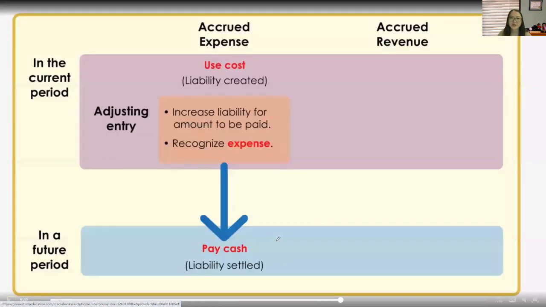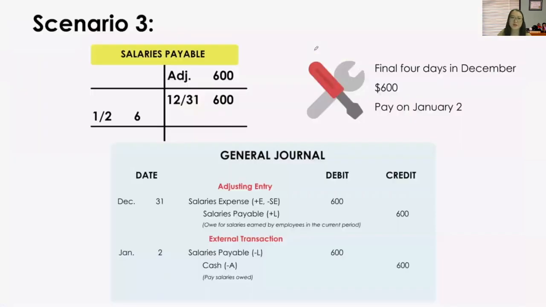Okay, and then there's another way of looking at the transaction: in the current period, revenue or expenses happened, but we have not yet received or paid the cash related to them. Let's look at salaries payable, exactly this scenario.